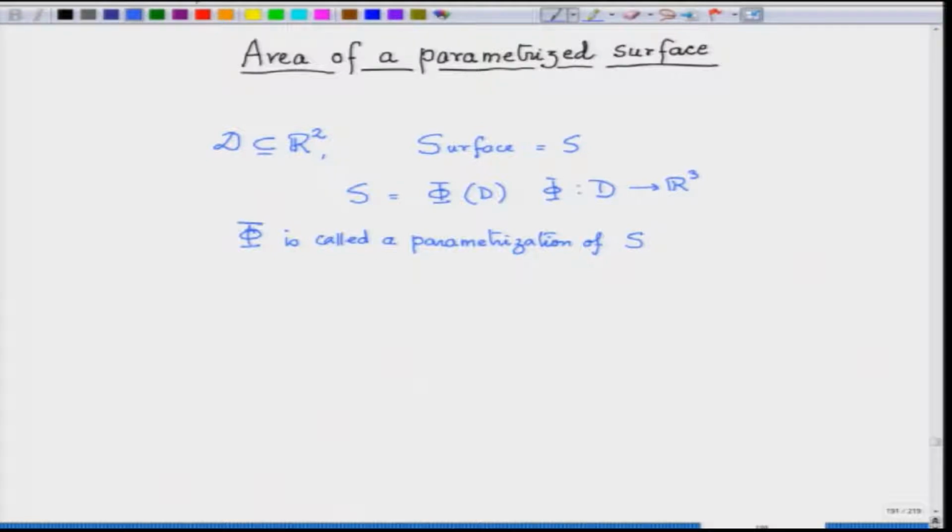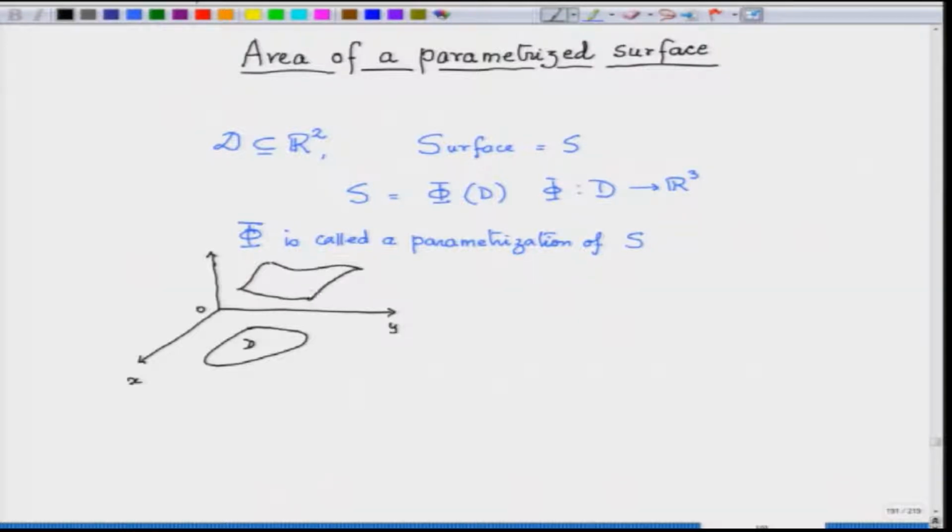So, the idea is this: here is the domain D in 2 dimensions, which we have already discussed earlier and also drawn pictures of. And if this is the surface, then if you take a point here, say (u,v), it gets mapped onto some point phi of (u,v) in R3.